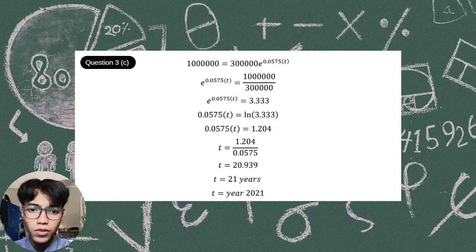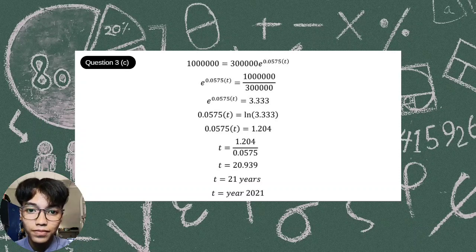Now we need to solve the equation, and the equation will be 0.0575 multiplied by t is equal to 1.204. We need to make t sit alone, so we divide 1.204 by 0.0575, and the final answer will be t is equal to 20.939, which is around 21 years.